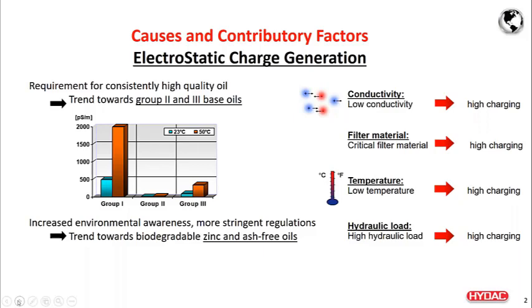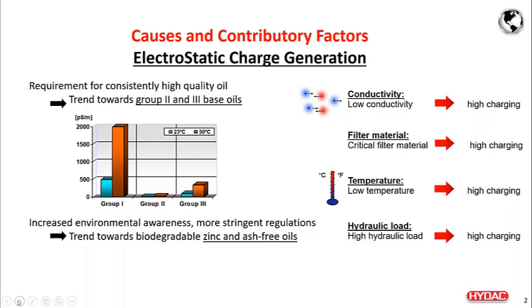Upon doing different chemical analysis and understanding what is causing this, we started analyzing these group 2 and group 3 oils, and understood that they are very highly refined and hydrocracked oils that are not similar to group 1. But these hydrocracked and highly refined oils have very good chemical properties.